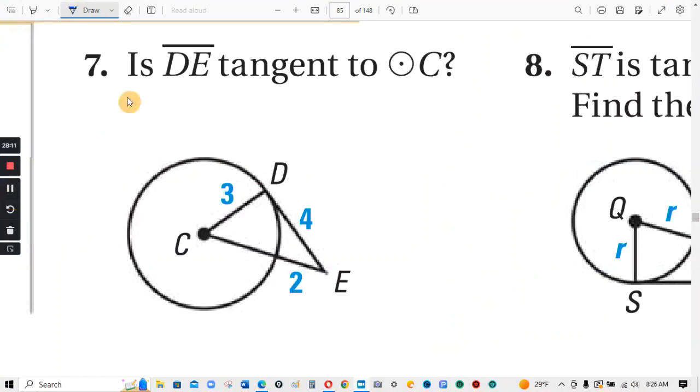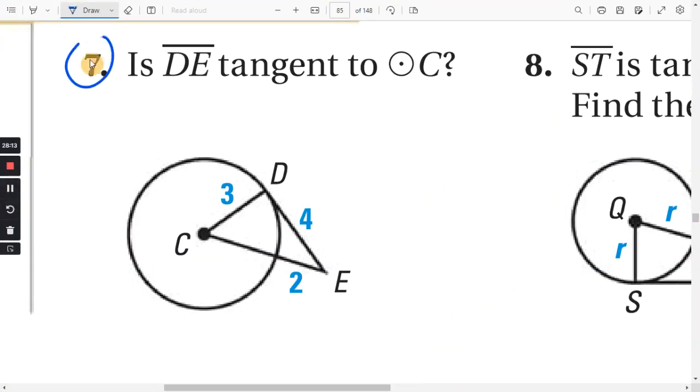Okay, number 7, guided practice. Is DE tangent to circle C? So if this is the tangent here, and circle C means C is the center, this is going to be the radius. So the radius and the tangent make a right angle. See if you can prove that, and I'll give you a hint.